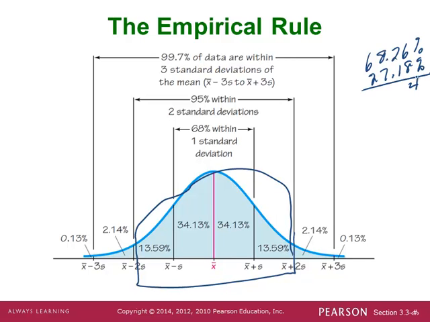And they'll do a little bit of arithmetic here. So you'd have 95.44% of the population between -2 and +2 standard deviations relative to the mean.